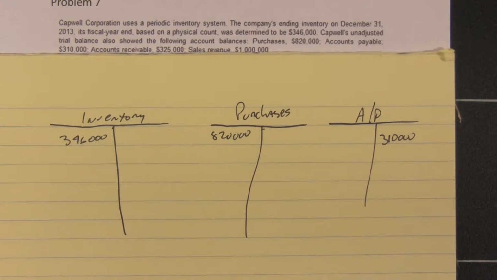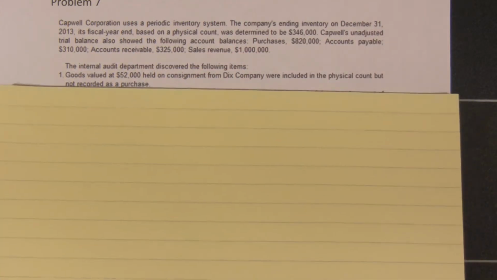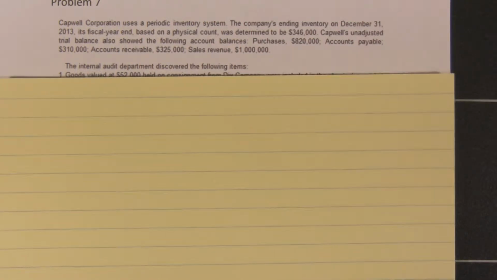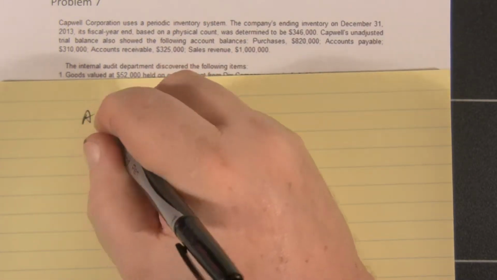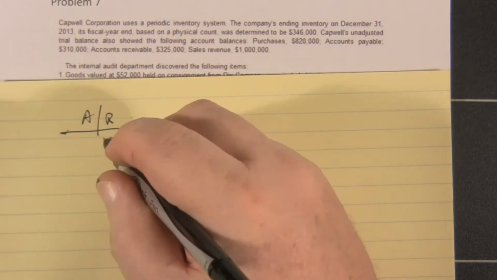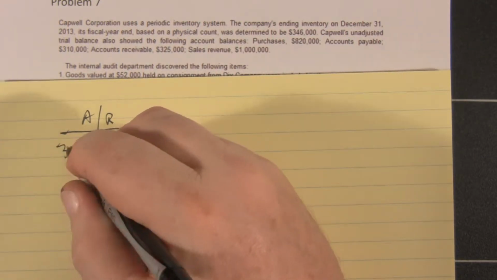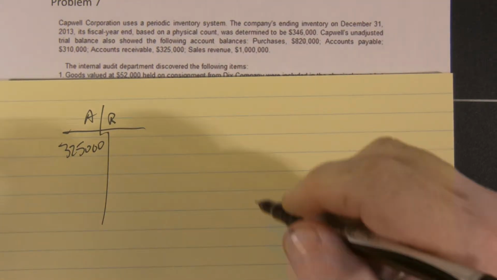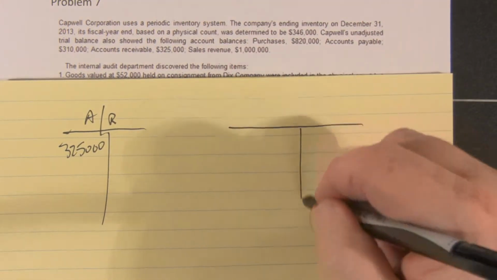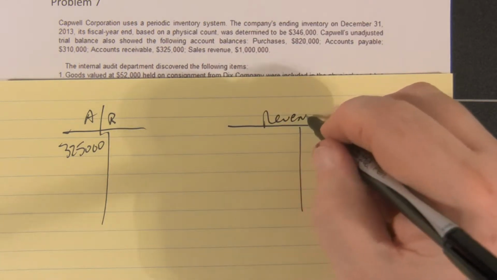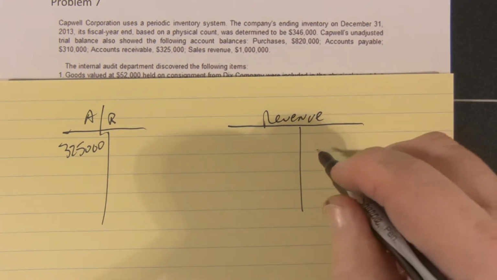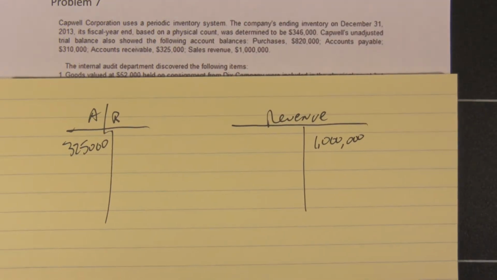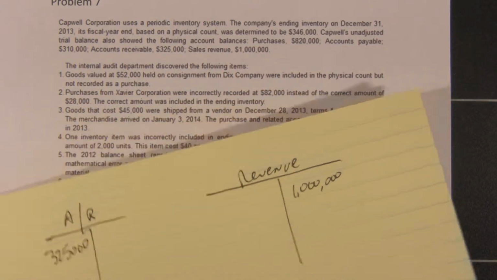Accounts receivable, $325,000. And sales revenue, $1 million. Okay, they give us those accounts. Pretty good bet there's going to be a problem with them.